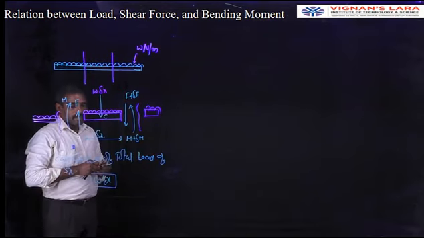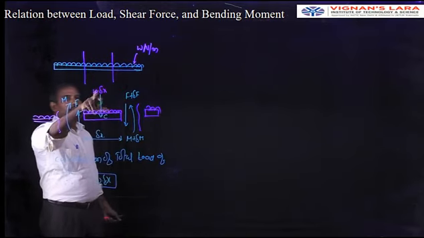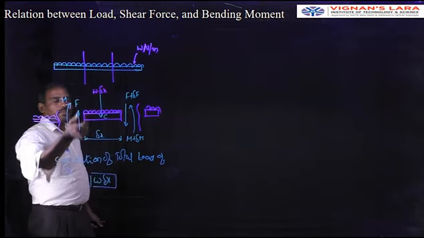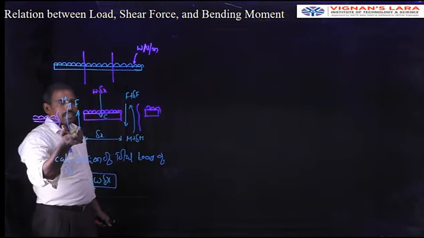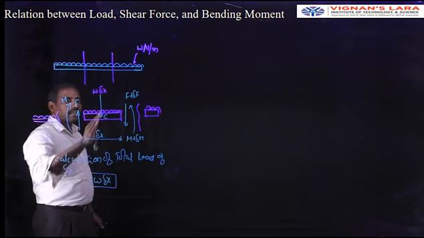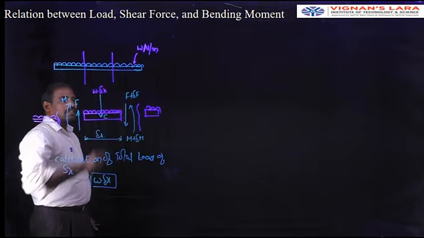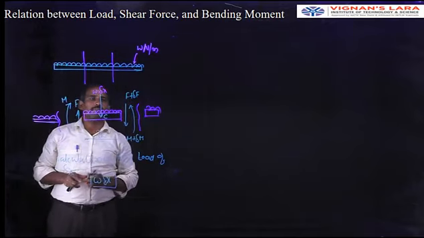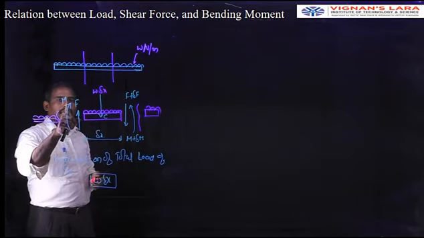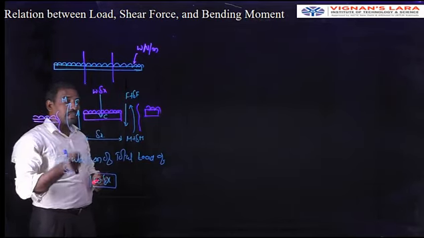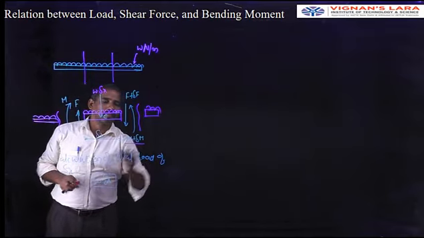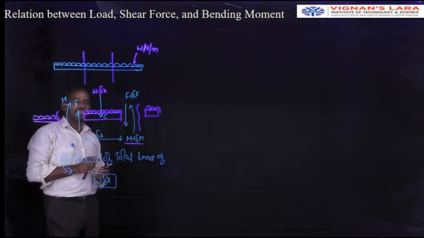Where small w is the rate of load per unit length and F is the force at a section X from the left, and at a distance X plus delta X, the shear force is F plus delta F. The magnitude of the moment at the section X is M, and at the section X plus delta X it is M plus delta M. We know all the forces.